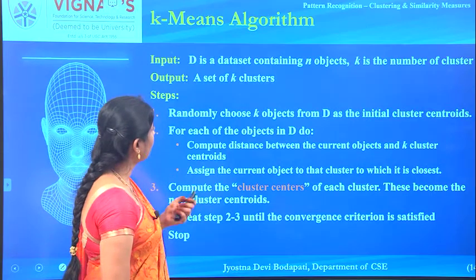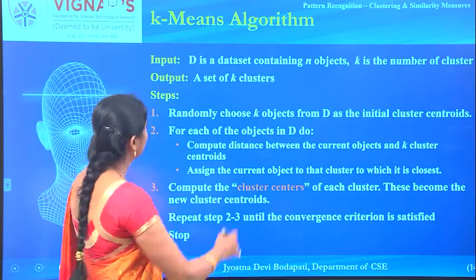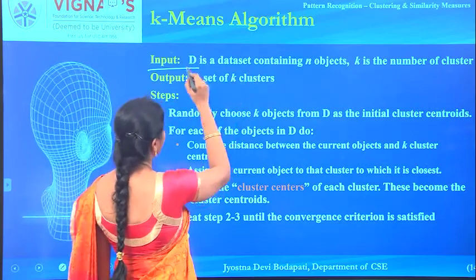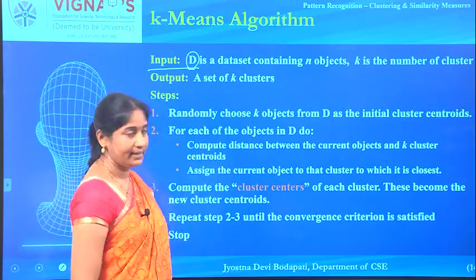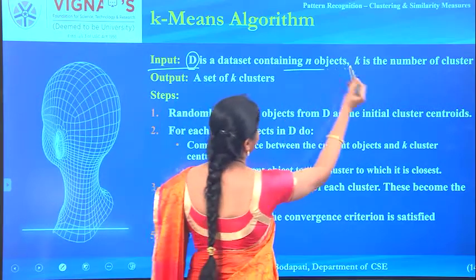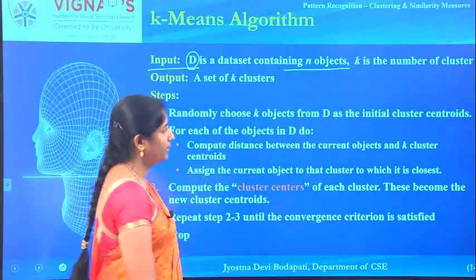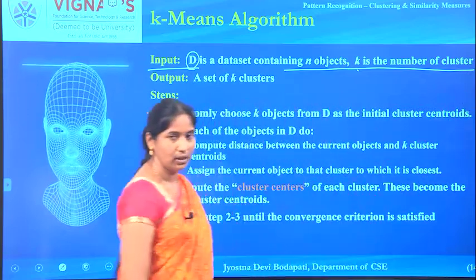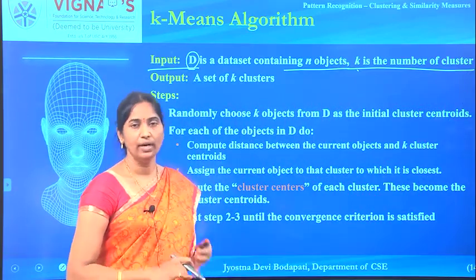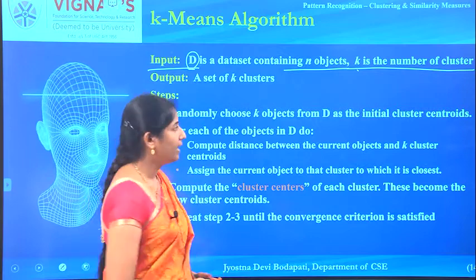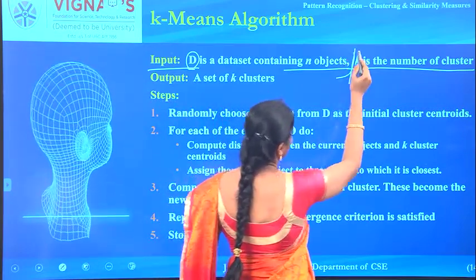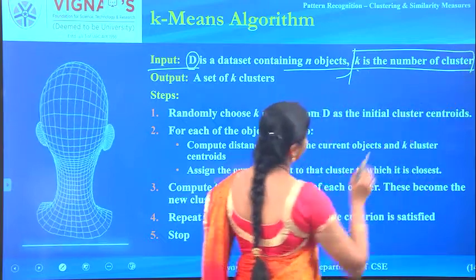Now let's see how the algorithm works. The input is D, a data set that is given to me, with N objects, and K is the number of clusters. Actually, the K information will not be given to you, and you need to decide it empirically.